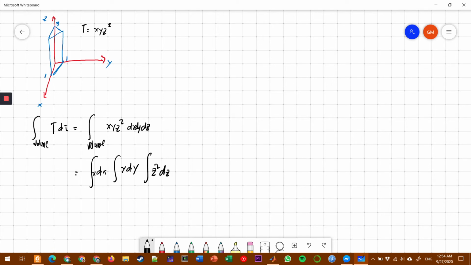Okay, so that's what happens. Actually we can take the order differently, it doesn't matter which comes first, but it is easier if we do this: z squared dz, we have y dy, x dx.